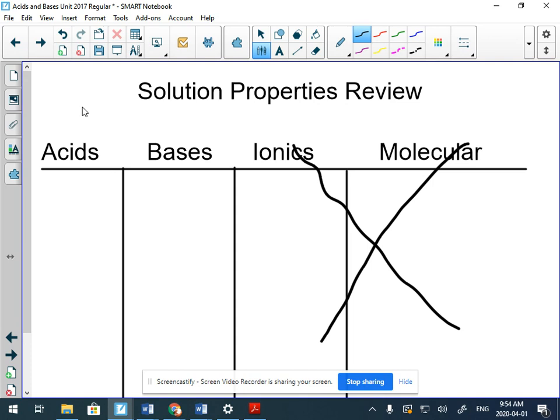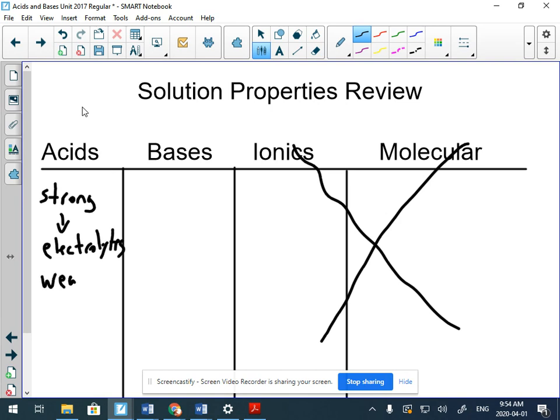Now, of course, you should know that ionic compounds form electrolytes if they're soluble. Moleculars don't. But let's just quickly review the high points and the low points of acids and bases. Strong acids form electrolytes.